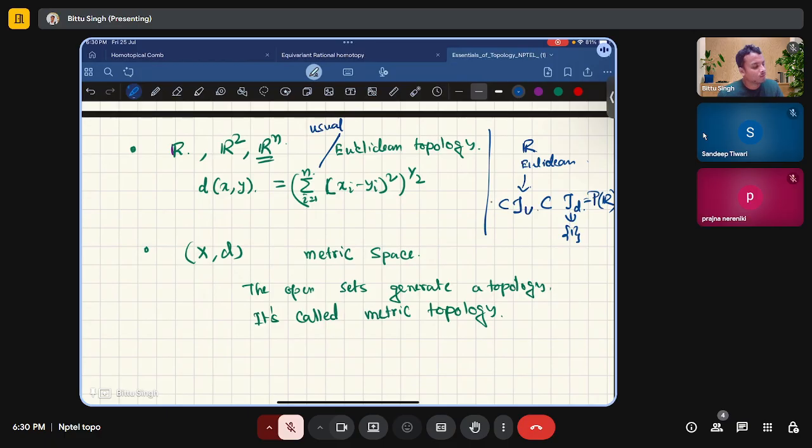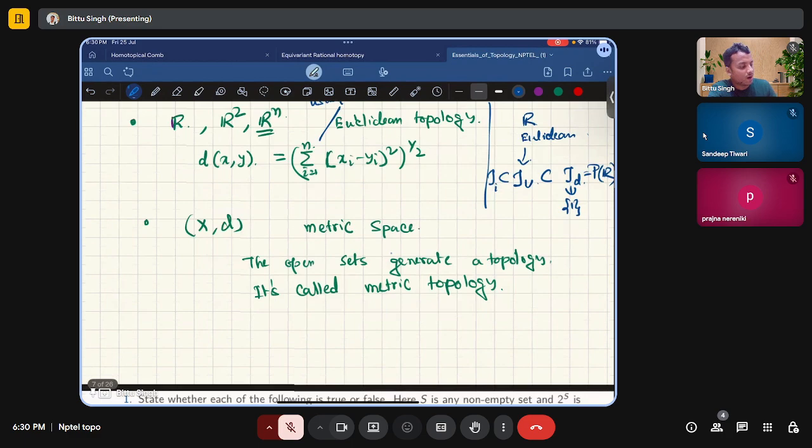Similarly, the indiscrete topology, tau I, is the smallest topology. So those are called coarser and finer.